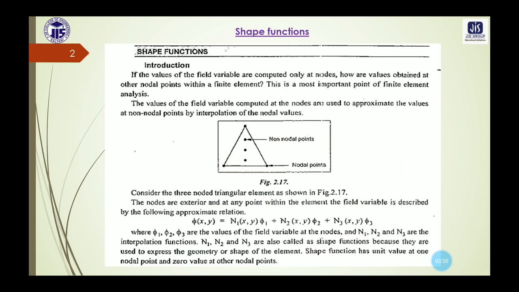So this is the concept of the shape function: to find the value at non-nodal points within an element, we use the interpolation process on the values of the nodal points. The relation is phi equals N1 phi 1 plus N2 phi 2 plus N3 phi 3, where phi 1, phi 2, phi 3 are the field variables, and N1, N2 and N3 are the shape functions or interpolation functions.